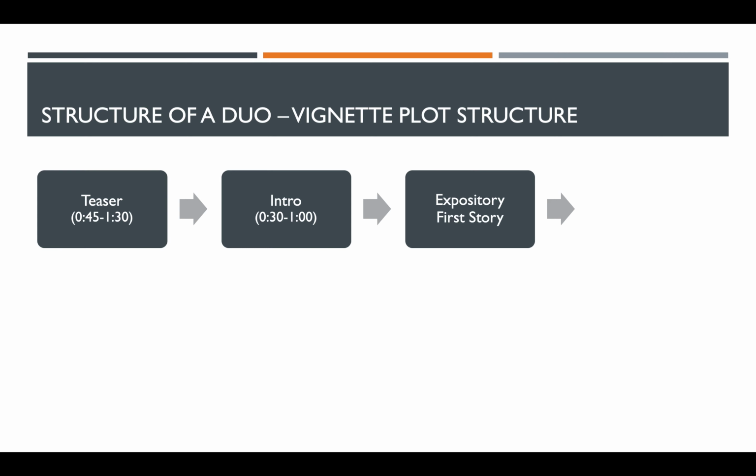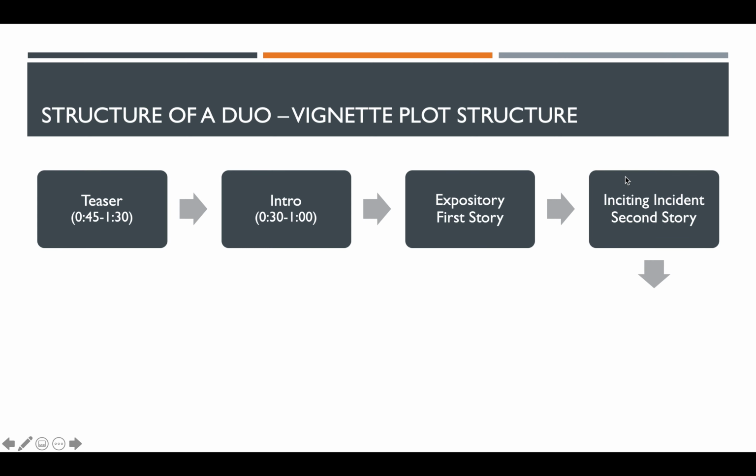And again, after the expository first story, which sort of explains who the characters are, what the speech is about, you will move on to the second story. And before that, you're going to have some sort of narration. And usually the second story is some sort of inciting incident. So again, introducing the problem in your speech.